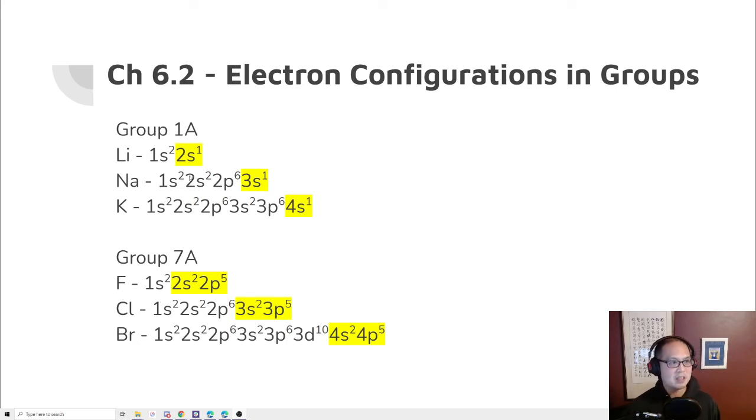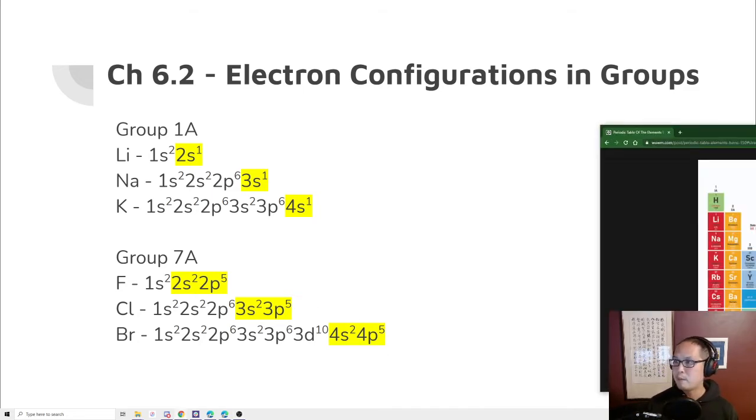So again, we're seeing the same pattern. The outermost electrons, the biggest energy level, in lithium's case it's 2, sodium's case it's 3, potassium's case it's 4, and they're all ending in s1. Same if you look at group 7, fluorine ends in 2s2, 2p5, chlorine ends in 3s2, 3p5, and bromine ends in 4s2, 4p5.